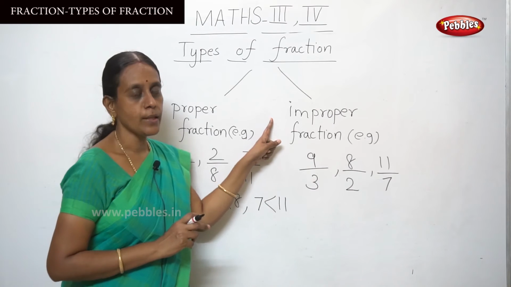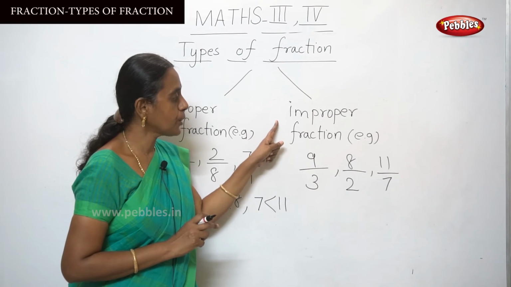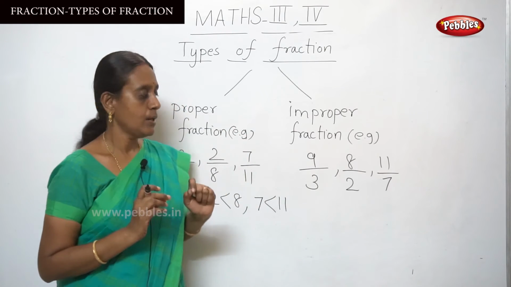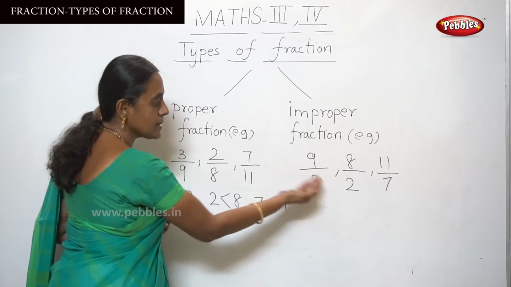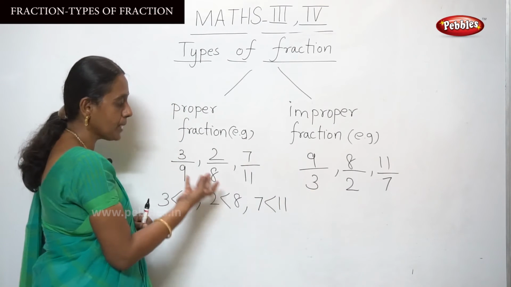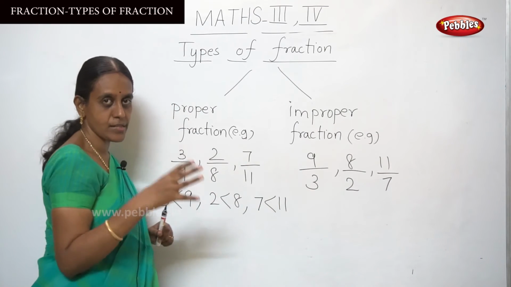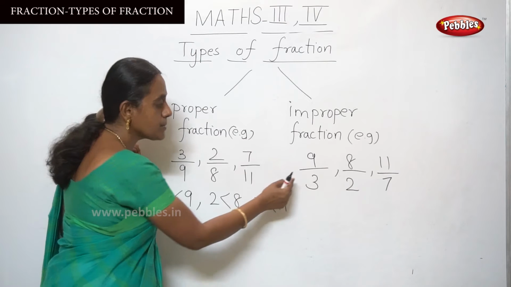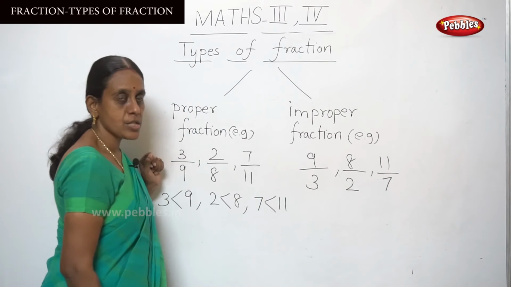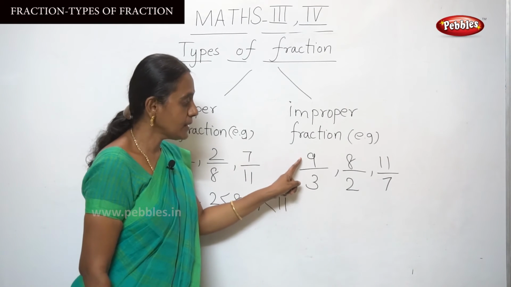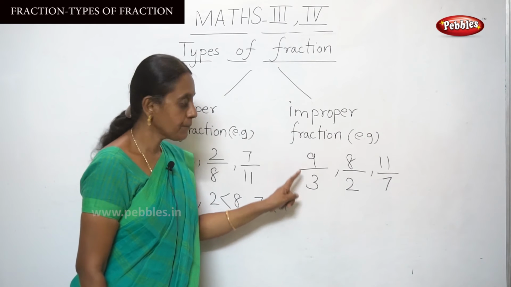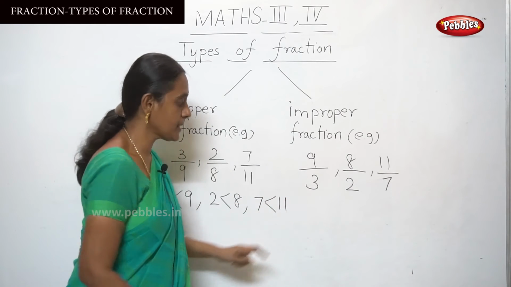Next one is improper fraction. Here I gave the same examples, but with the numerator and denominator changed. Observe this fraction, 9 by 3. Here 9 is the numerator and 3 is the denominator.